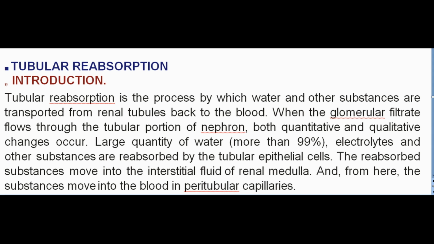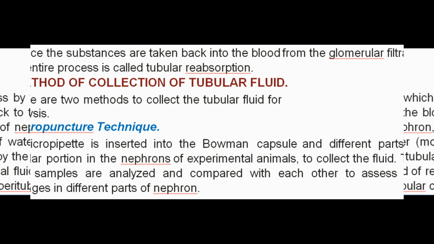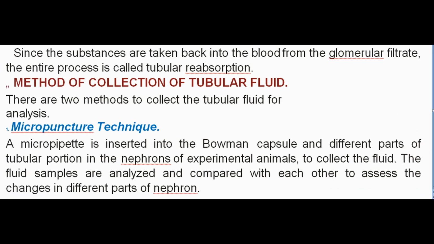The reabsorbed substances move into the interstitial fluid of renal medulla. And, from here, the substances move into the blood in peritubular capillaries. Since the substances are taken back into the blood from the glomerular filtrate, the entire process is called tubular reabsorption.